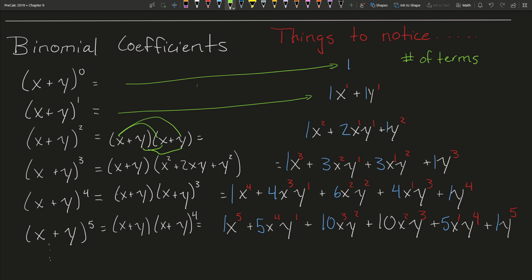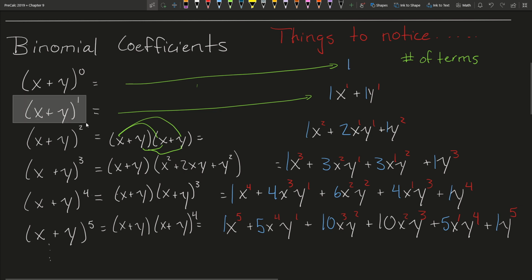All right. So again, I'm hoping that you looked at it and found a couple of patterns here. The first thing I want you to look at is the number of terms for each one. In each of these, on the left, just focus on the exponent. In this first one, that's 0, and on the right, there's one term.